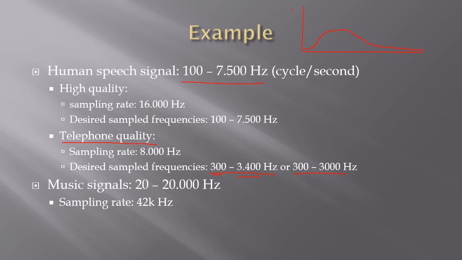This is the power, this is the frequency. 300 is probably about here, and 3500, 400 is approximately here. So now you can imagine why the telephone company decided to bring the signal only from 300 to 3500: most energy lies in this area.